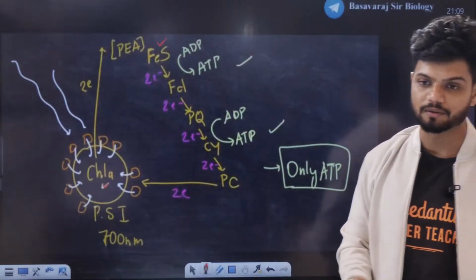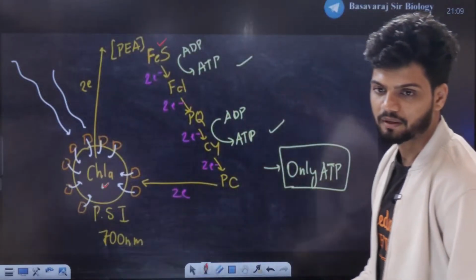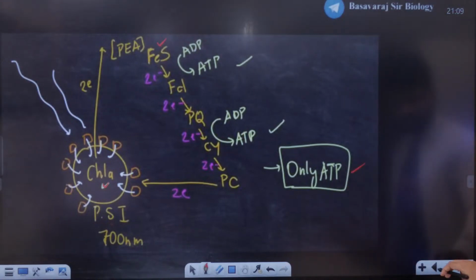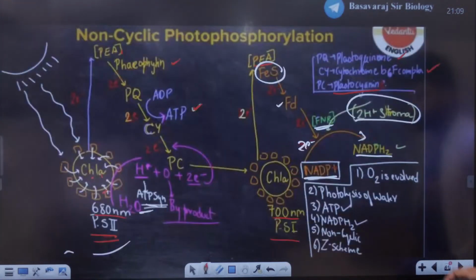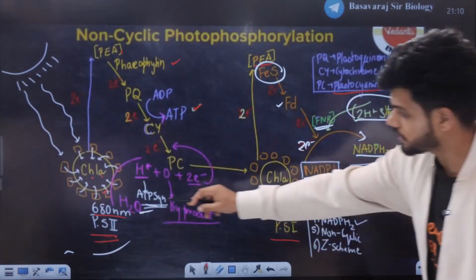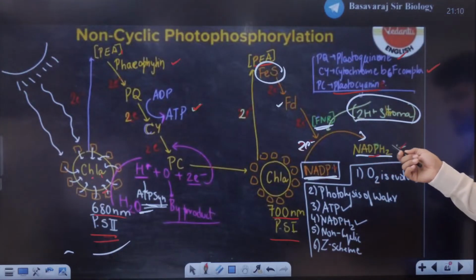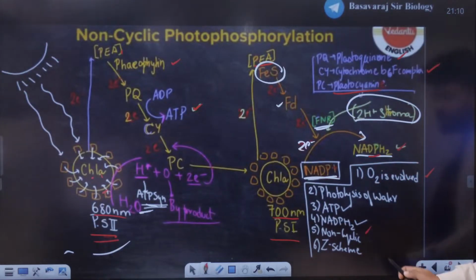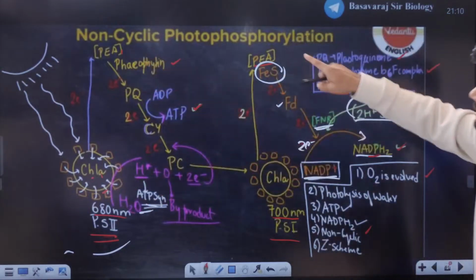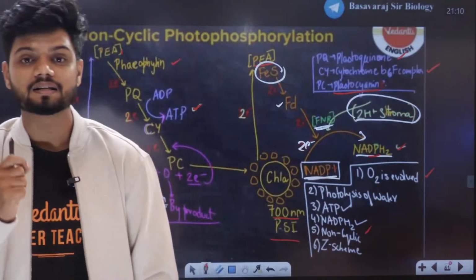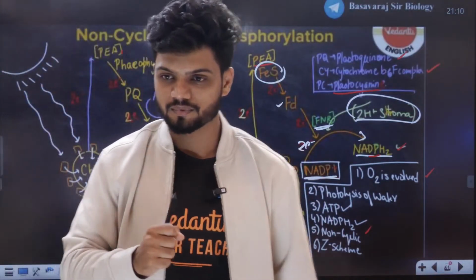So only ATP is being produced here. But in the non-cyclic, O2 is evolved, ATP is produced, and NADPH is produced. Non-cyclic, Z shape, is also called the Z scheme.